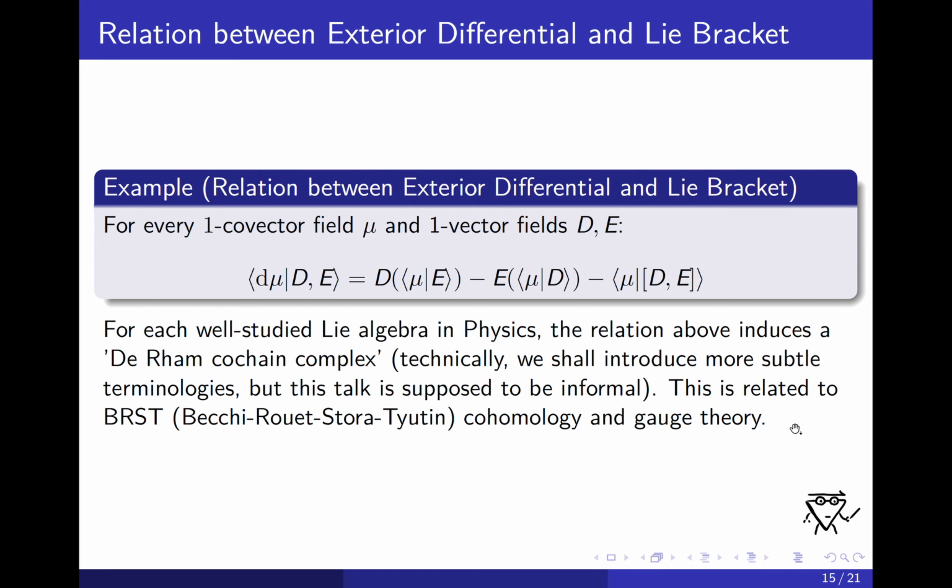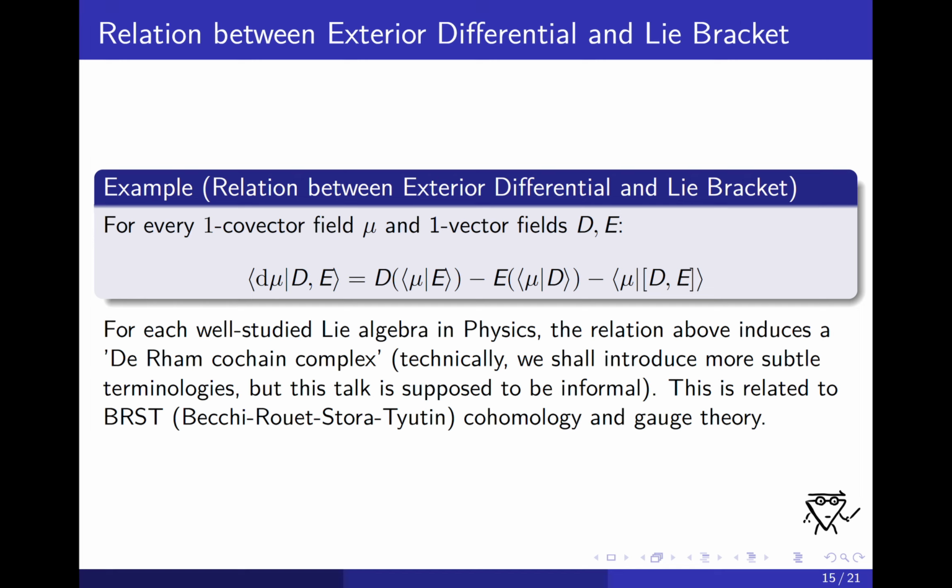So we introduce another core material for today's talk, that is the relation between exterior differential and Lie brackets. For every one covector field mu and one vector field D, E, we recall that the exterior differential of mu is actually a 2 covector field.